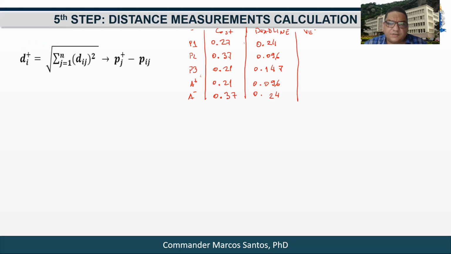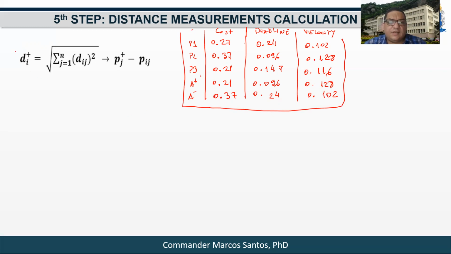And velocity, we have 0.102, 0.128, 0.116, 0.128, and 0.102. Okay.